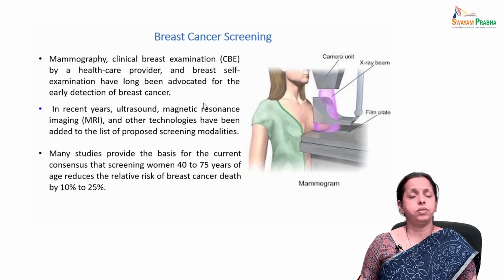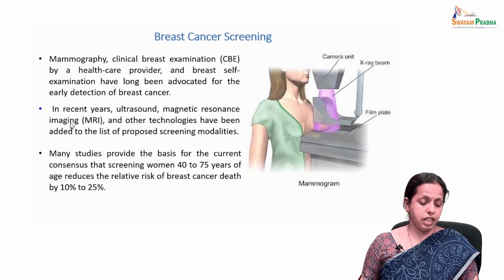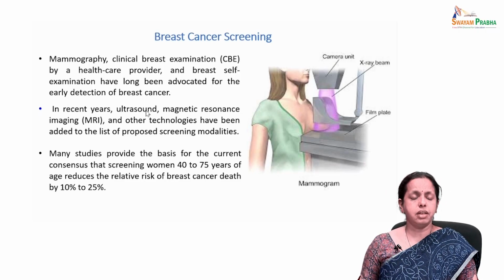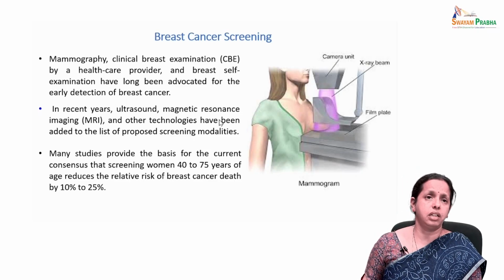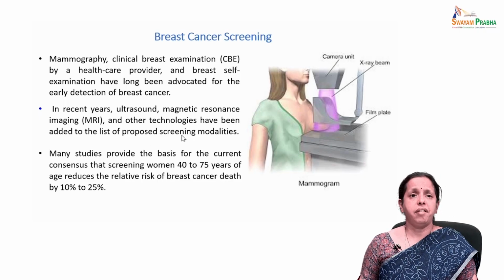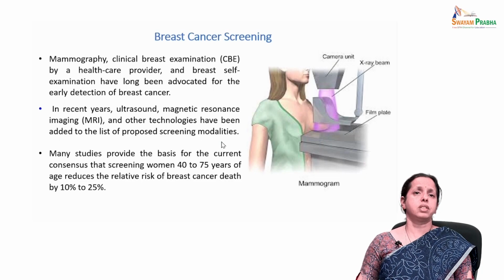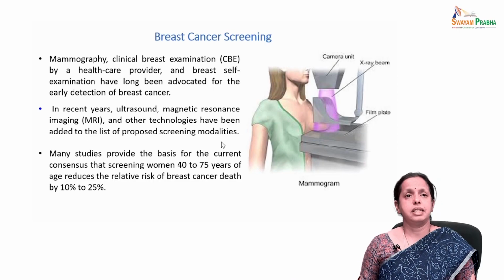They have been educated for early detection of breast cancer. Many years before, we also had ultrasound and MRI, and they have been added to the proposed list of screening modalities for breast cancer.